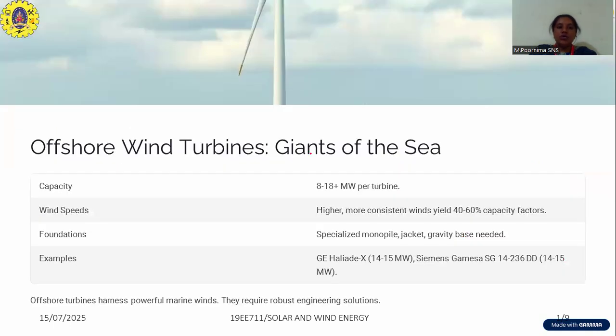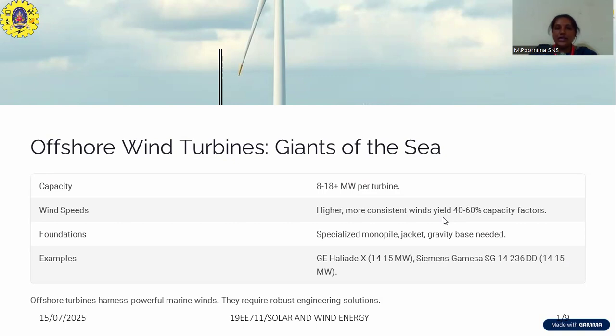Next, coming to the offshore wind turbine. Here the capacity comes up first. The offshore wind turbine is a giant of the sea, with a capacity of 8 to 18 plus megawatts per turbine. Wind speeds are high, which gives a strong wind yield, with capacity factors of 40 to 60 percent. The foundations are monopile, jacket, and gravity based.